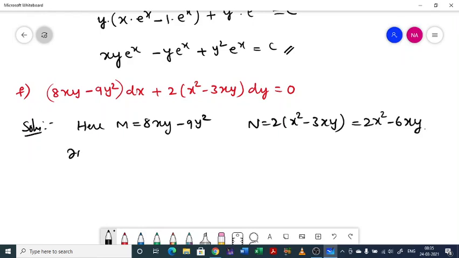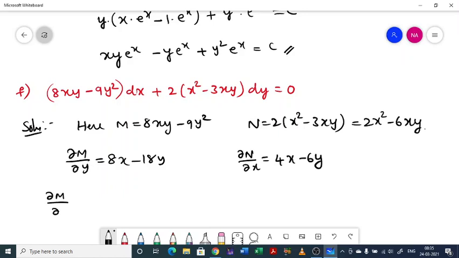Now dou m by dou y is equal to 8x minus 18y, and dou n by dou x equal to 4x minus 6y. If you take the difference, dou m by dou y minus dou n by dou x, it is 8x minus 18y minus 4x plus 6y.